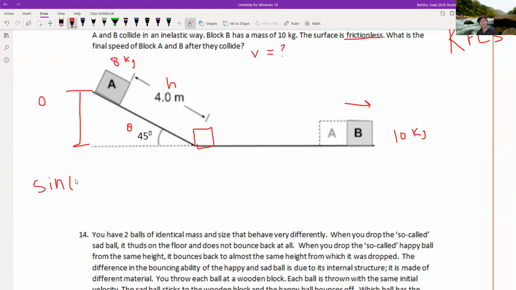So using SOHCAHTOA, sine of the angle equals the opposite over the hypotenuse, which is 4. So how do we find the opposite? Well, you would do proportions, and so that means you multiply them. So 4 times the sine of 45 is 2.83 meters. So that is your height.